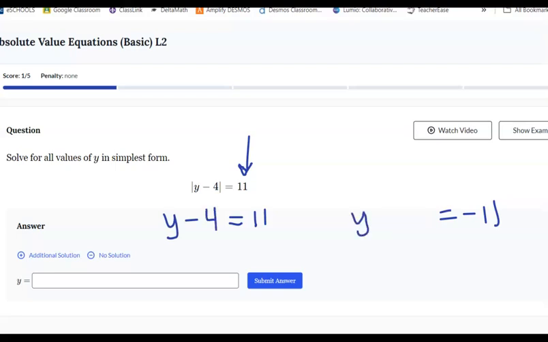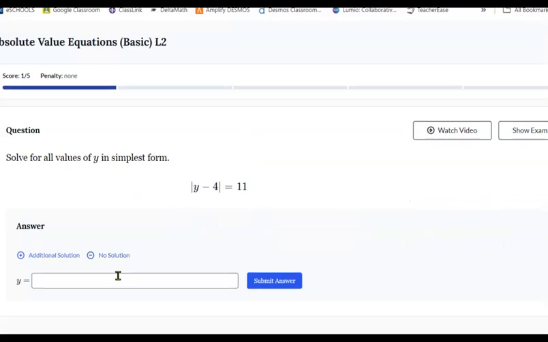And you will solve them both separately, and those two answers are your solutions. So add 4, add 4, but for each problem, you could get a different result. So when I add 4 on both sides, on the first equation, I get a 15, but on the second equation, I get a -7. So 15, add a solution, -7.